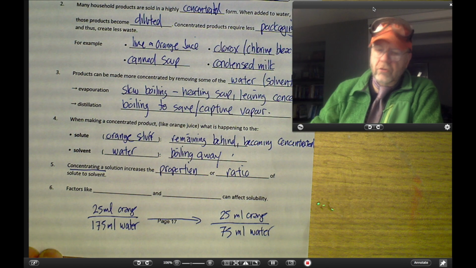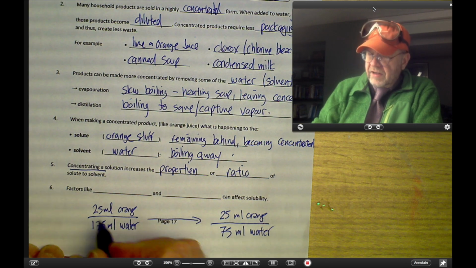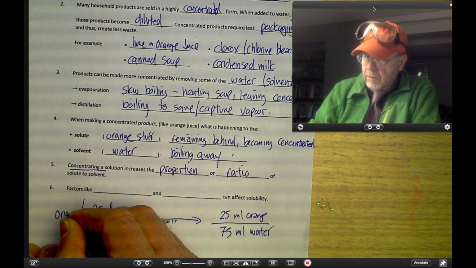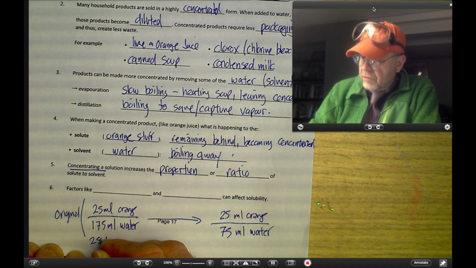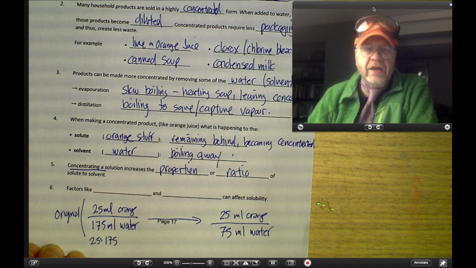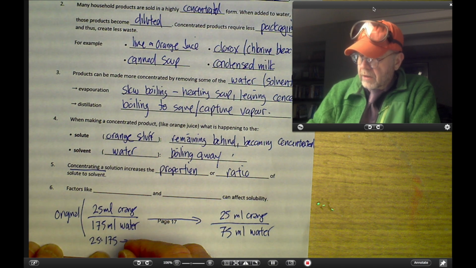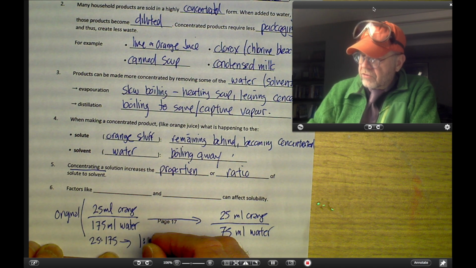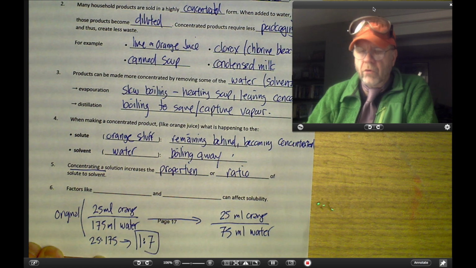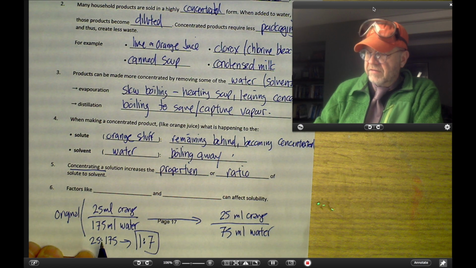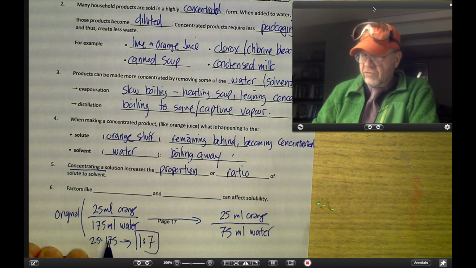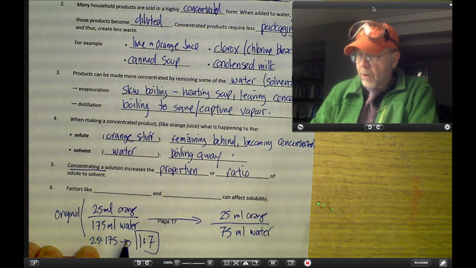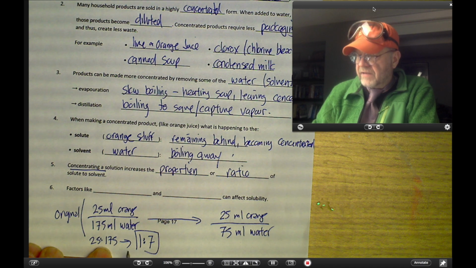So if I look at the two proportions here, this is the original. I've got a 25 to 175 ratio, or a 1 to 7 ratio of orange juice to water. All I've done is divide 25 and 175 by 25. So 25 divided by 25 is 1, and 175 divided by 25 is 7.